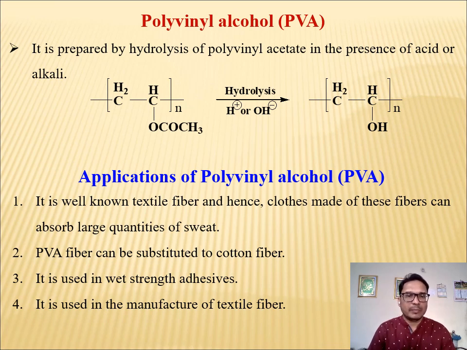It has very wide applications. Polyvinyl alcohol is a well-known textile fiber, and hence clothes made of these fibers can absorb large quantities of sweat. PVA fiber can be substituted for cotton fibers. It is used in strong adhesives. It is also used in the manufacture of textile fibers.